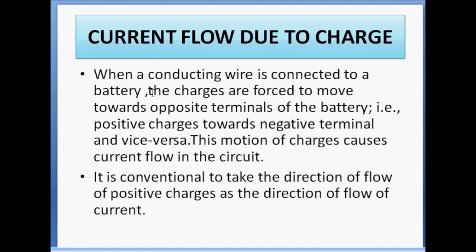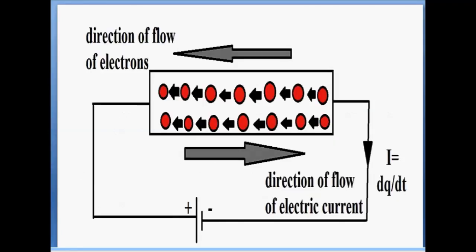Let me show you a figure, you will understand it better. Now here, this wire, we have just enlarged it. This wire is connected to a supply battery here, and as a result, the charges, here we have shown only electrons, both the charges, positive and negative charge, are forced to move. Now in which direction are they going to move?